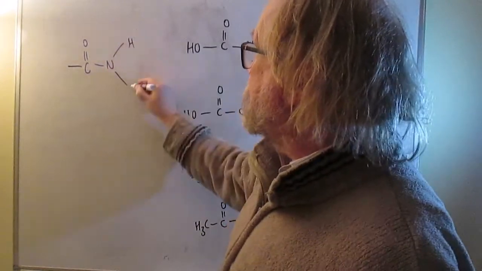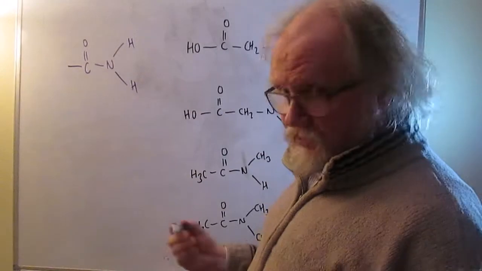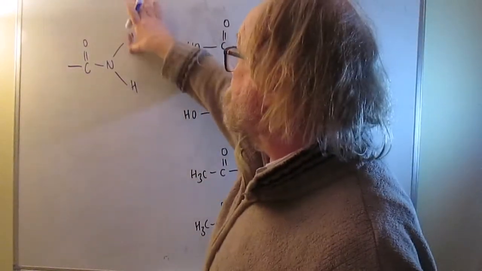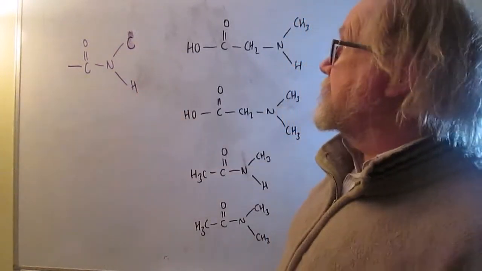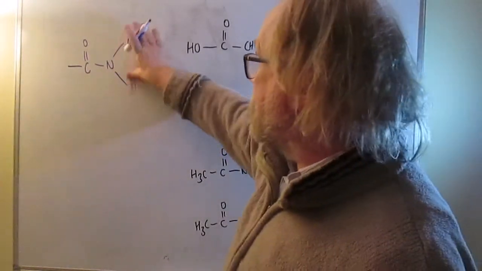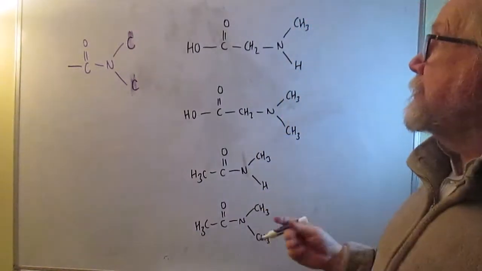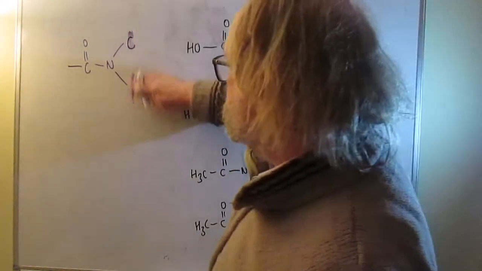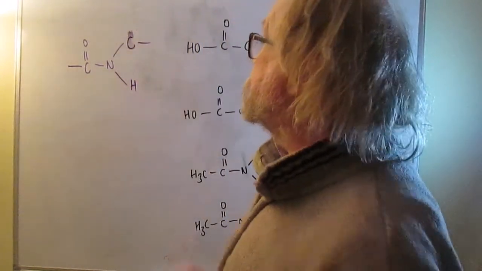A primary one would have 2 hydrogens there, so CONH2 is a primary amide. A secondary one will have 1 carbon and 1 hydrogen attached there, and a tertiary one will have 2 carbons attached there. So we're looking for a secondary one, which means that it's got to have that group in it.